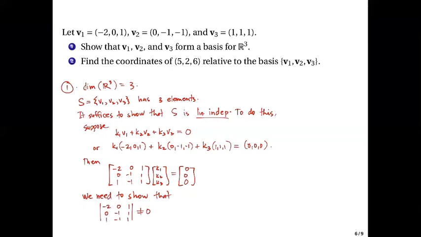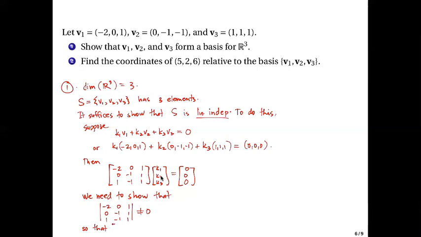We need to show that the determinant is not equal to 0 so that the vector k1, k2, k3, okay, this vector here has only the trivial solution.